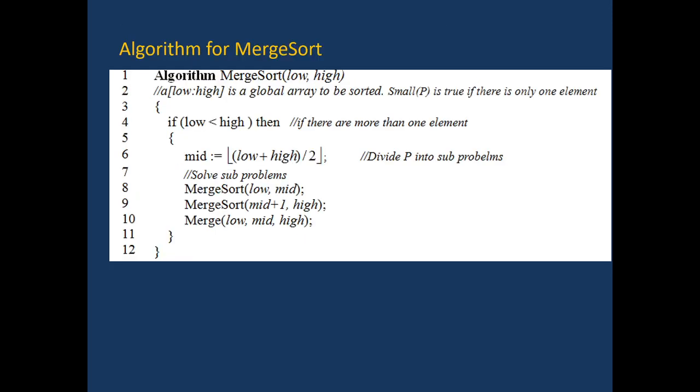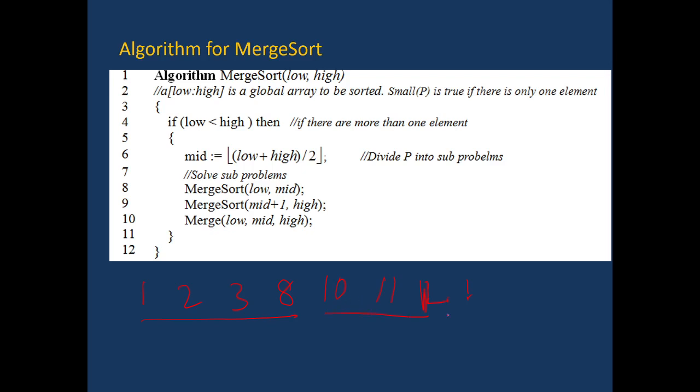So the MergeSort algorithm is this one, very simple and easy to remember. The MergeSort algorithm will be written with two arguments. You will be having a set of numbers, no? Sometimes we need to sort only this part.